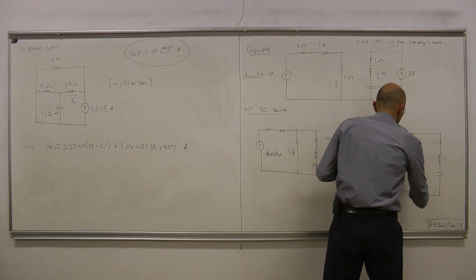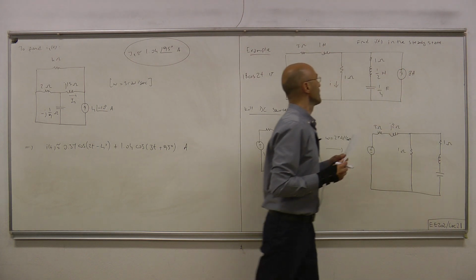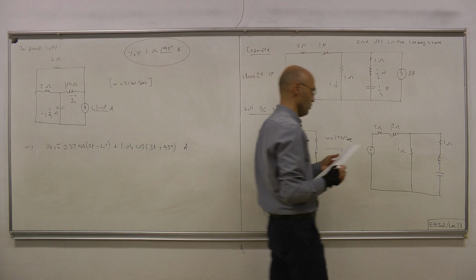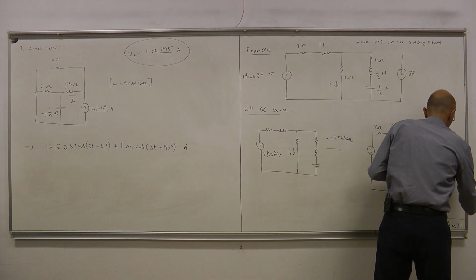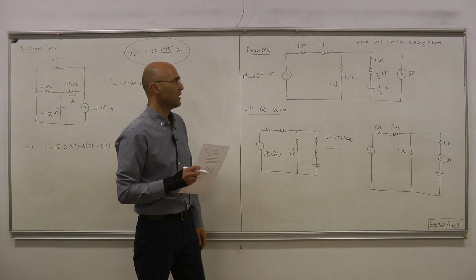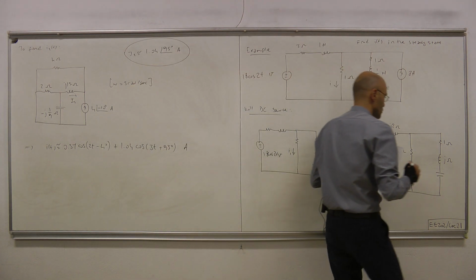Here we have 1 ohm. Here we have again 1 ohm. For this guy we have j omega L, which produces j ohms.